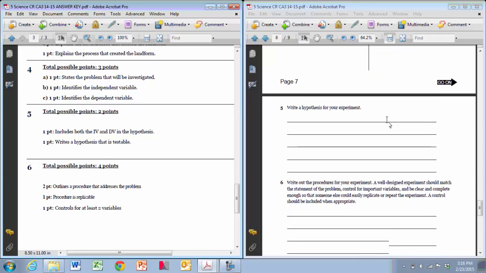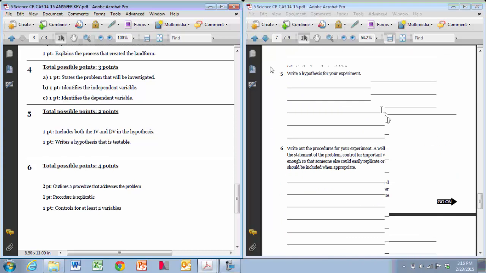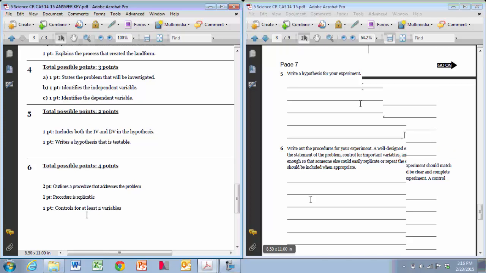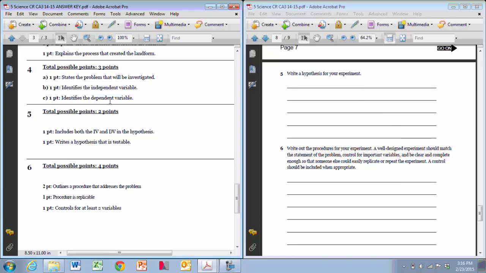We go down here for number 5. Number 5 is worth 2 points total, as you can see right over here. The hypothesis must include both the independent variable and the dependent variable, and it must be written in a way that shows that it is testable.